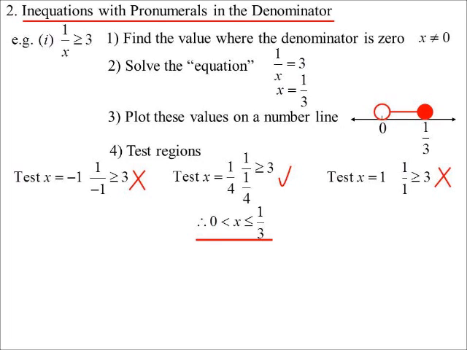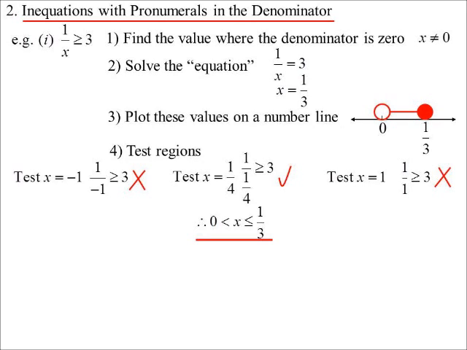The reason I can solve that like a quadratic inequality is that one of the common methods for solving this, which I don't use myself, is to multiply both sides of the equation by x squared. And then it creates a quadratic inequality to solve. And for those who are unsure, the reason you multiply by x squared and not just x, which you would do for an equation, is because you don't know whether x is positive or negative.